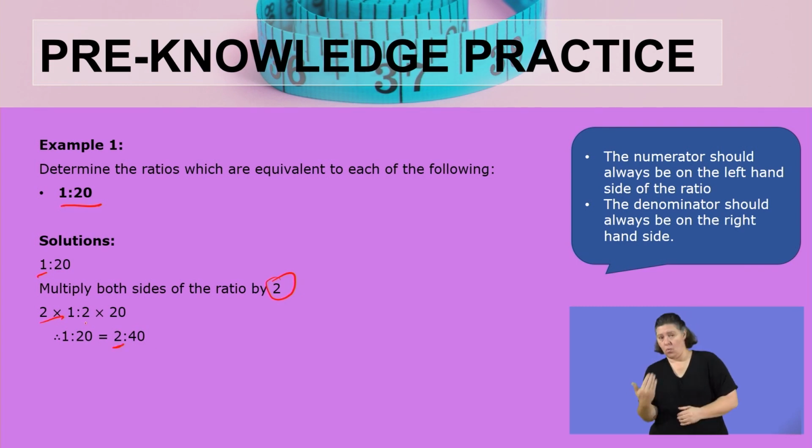Once more, we take 2 multiplied by the value on the right-hand side, which is 20, and then we get 40. Therefore, 1:20 is equivalent to 2:40. You can use any value, but make sure that you multiply both sides by the same value. Then we know that those values are equivalent.